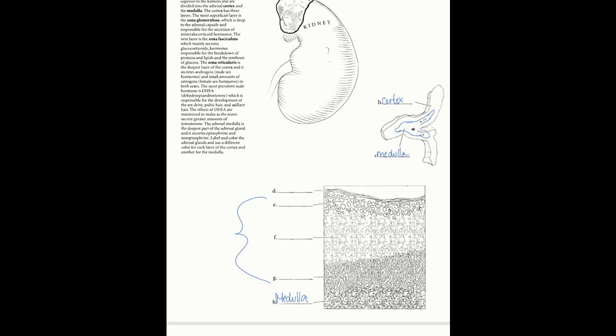The innermost layer is the zona reticularis, which is then followed by the zona fasciculata, and finally the zona glomerulosa.